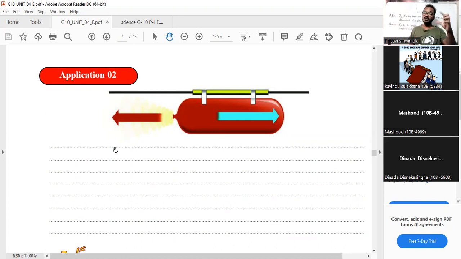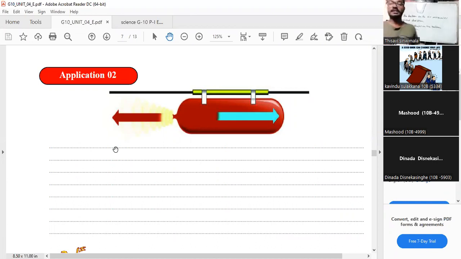Once you let go of the opening, air blows out of the balloon, and the balloon starts to move in the opposite direction. This complies with Newton's third law, action and reaction. The action is by the balloon on the air molecules to the left direction, and the reaction is by the air molecules on the balloon to the right direction.